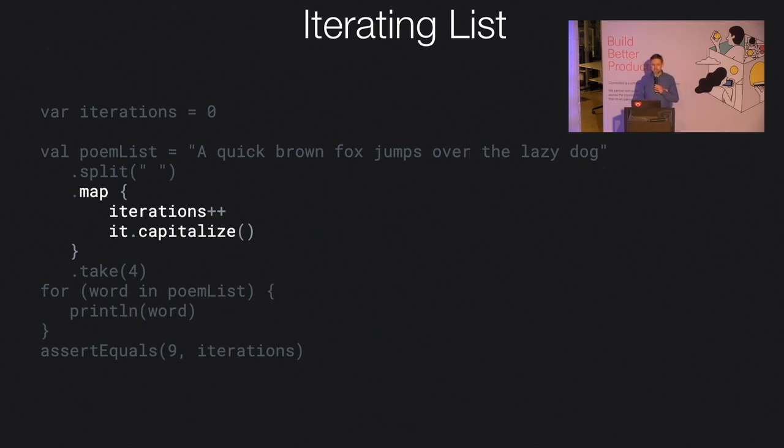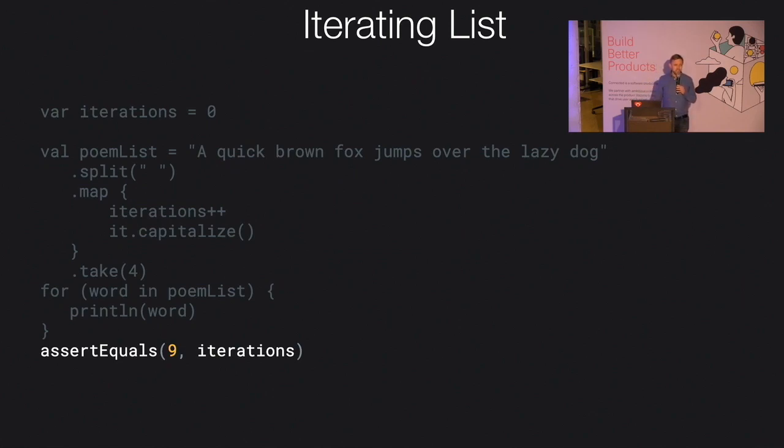In addition to, I'm iterating the number of times that map is being called. Then I'm going to do another operator called take, and I'm going to take the first 4 elements. So that's going to be a quick brown fox, and it's going to capitalize every word. It's going to print them out, and then it's going to assert that, hey, that map was called 9 times, because there's 9 words in the list.